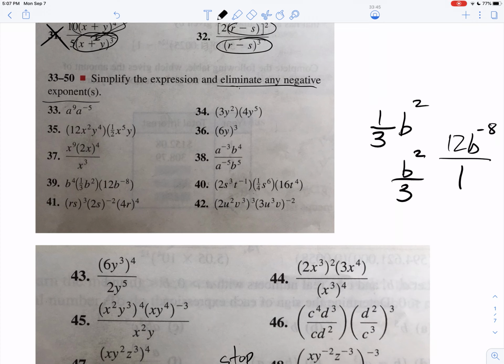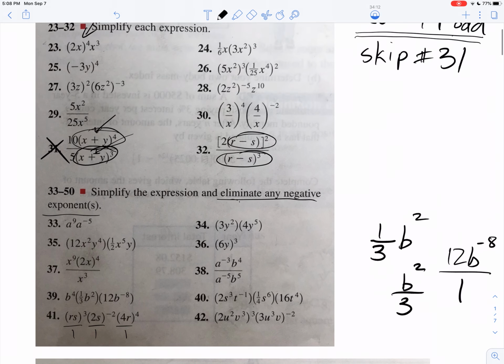And then you could ask yourself, is the negative 8 on the b? Is it on the 12? Or is it on both? And act accordingly. And problem number 41, hey, put 1s here and make it look like a fraction. It might help your brain out. Sometimes it's just in the way you perceive the problem that makes it doable.